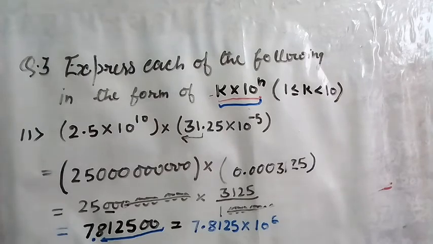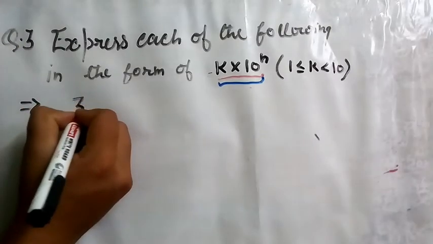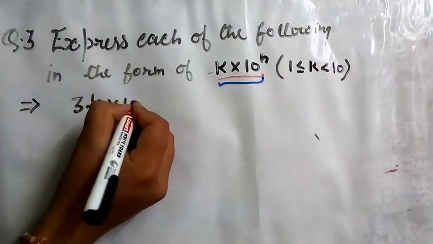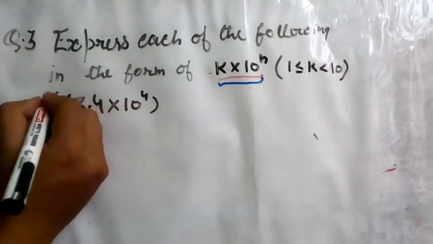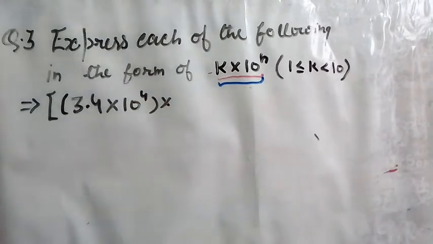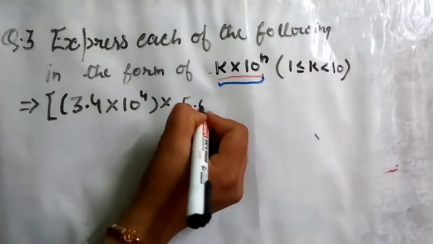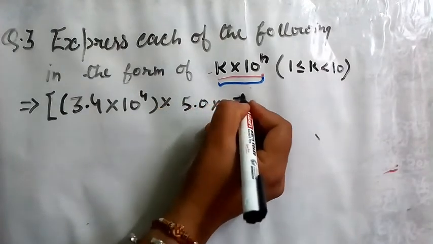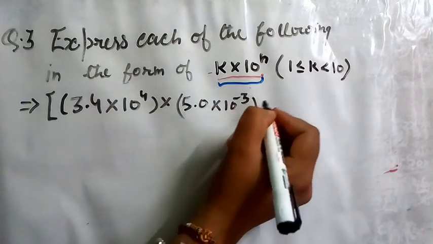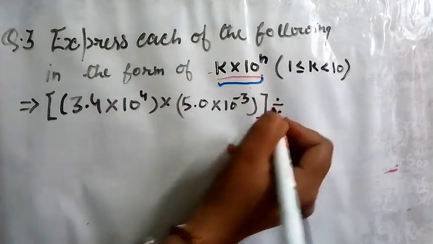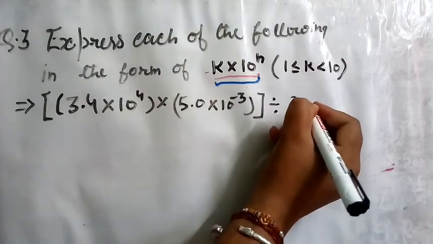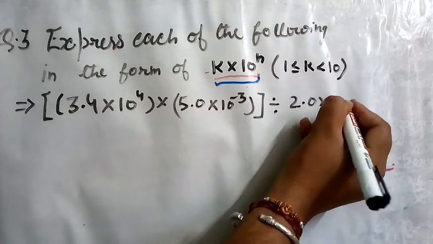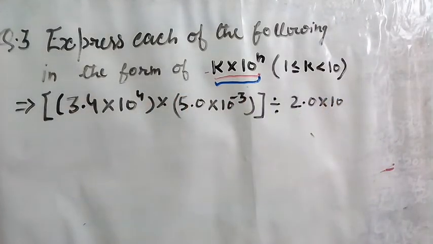Let us see one more such simplification, that is 3.4 into 10 raised to power 4 whole multiply by 5.0 into 10 raised to power minus 3, and in the division of this whole number we have 2.0 multiplied by 10 raised to power 5.